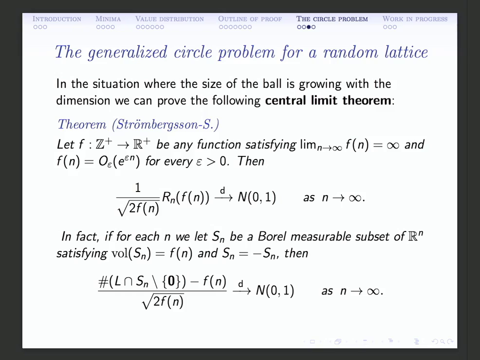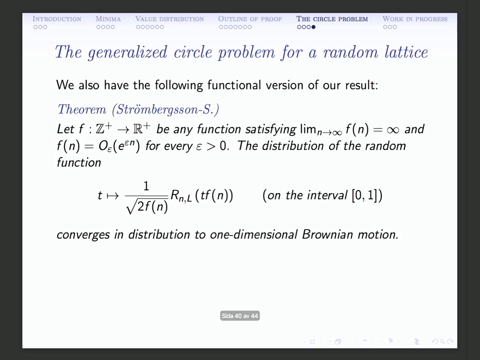Okay. So how does this compare with the results we need for understanding the Epstein zeta function? Well, let me first just tell you that in order to understand the Epstein zeta function, it's advantageous to understand the random function you get if you consider the previous result, but you create now a random function that sends t to this random function, where the t on the right-hand side sits in the argument of the remainder term of the circle problem.